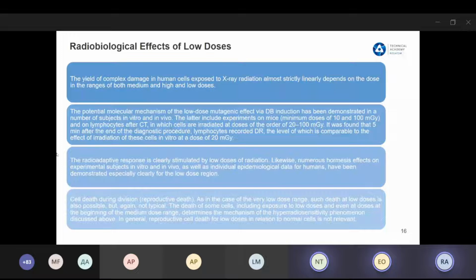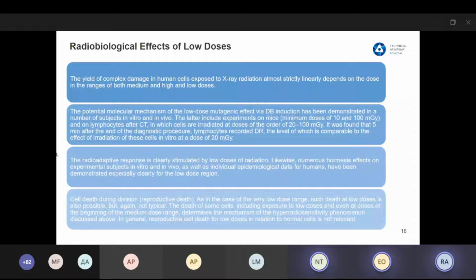to DSB repair. And only after exposure to a dose of 100 milligrams, the increase was still significant, even at the maximum time studied, 30 minutes after X-ray irradiation accompanying the tomographic examination.